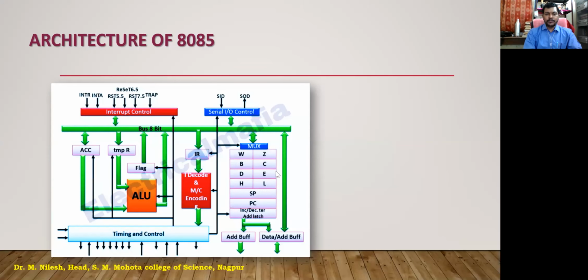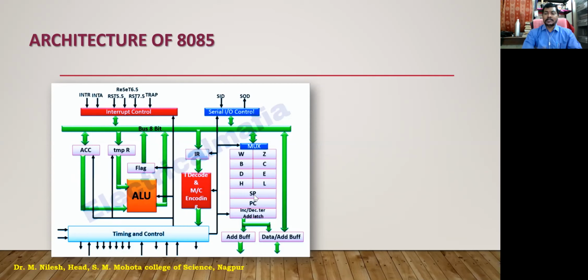So if all these 4 registers are temporarily full and we require some more registers to use, then what are you going to do? In that case, you can store the data from these registers or from the accumulator in the memory location given in the stack pointer.